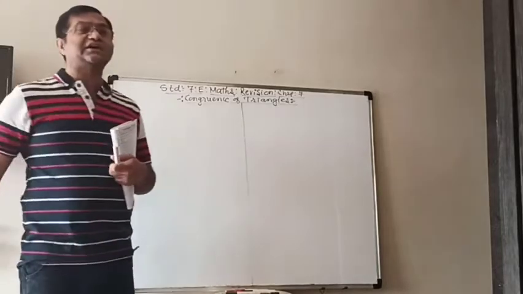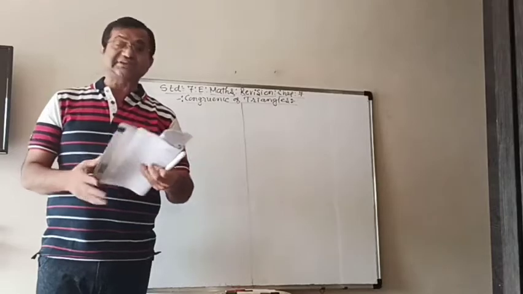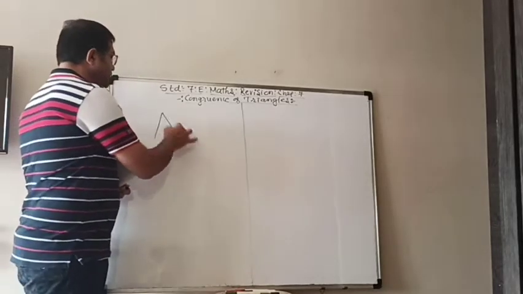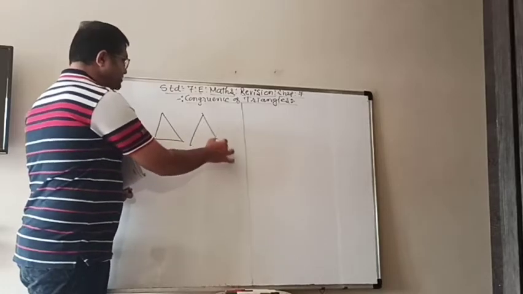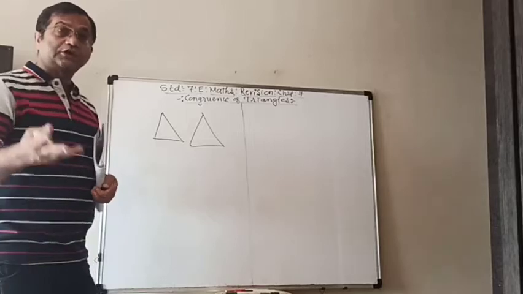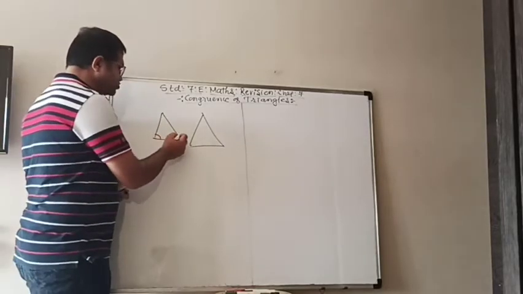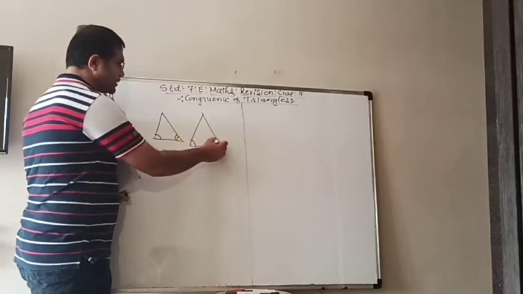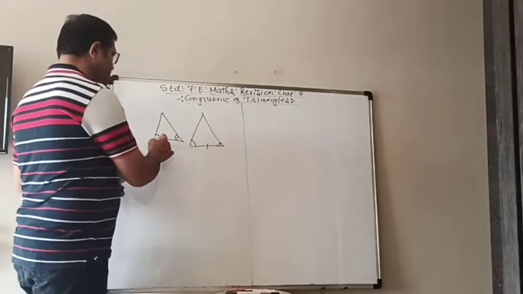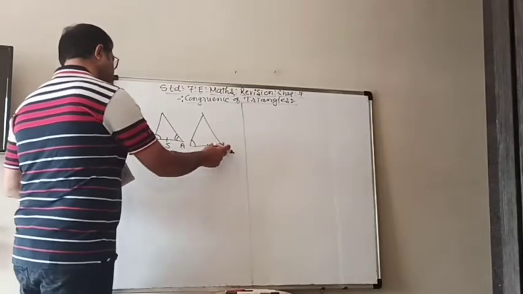Then we learn the third criteria, that is the ASA congruent rule. In SAS there were two sides and the included angle. Here, two angles and the included side. Means if you take those two angles, then which is the included side? That one. So here angle, here it is side, angle. Similarly here also.